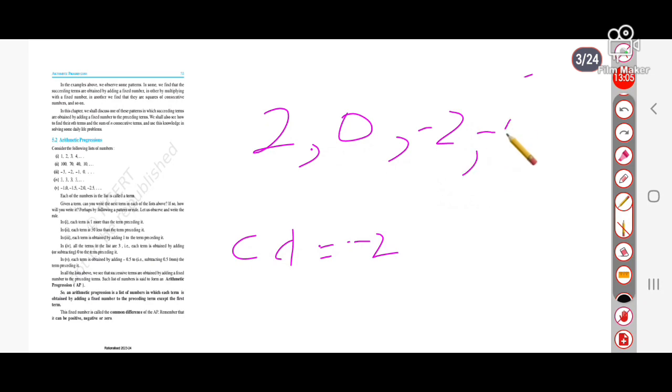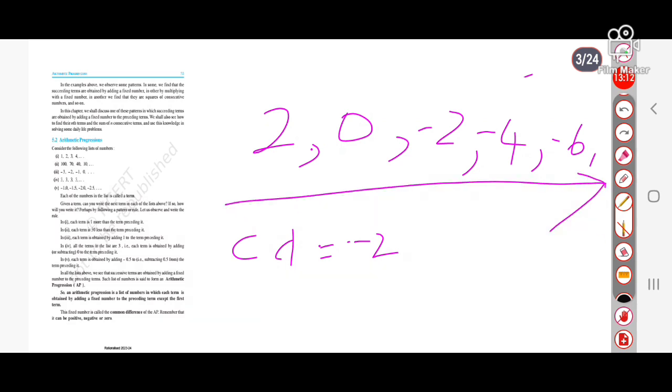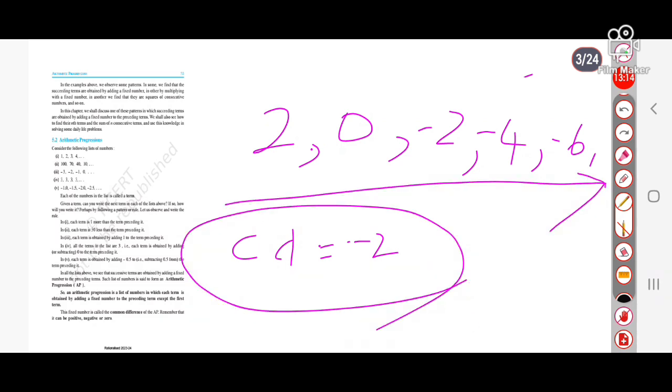Minus 2 minus 2 is minus 4, then minus 6, then it goes up to minus 8, minus 10, and it goes on. So this again forms an AP with a common difference of minus 2. How do we get this minus 2 as a common difference? As I told you, we need to subtract these two. That is, this is A1, A2. So the formula for obtaining the common difference is nothing but A2 minus A1.